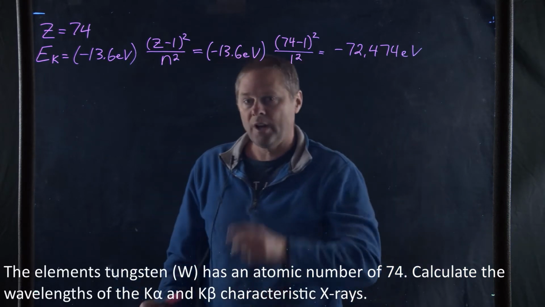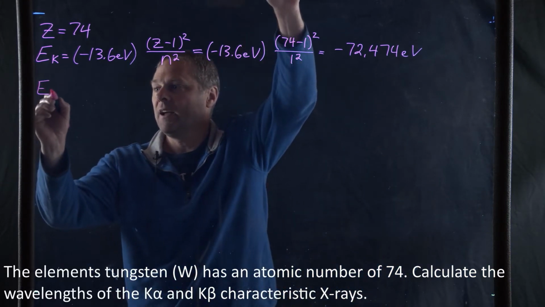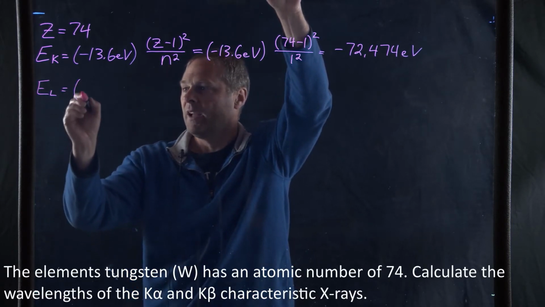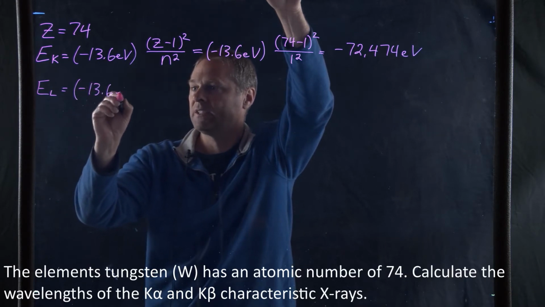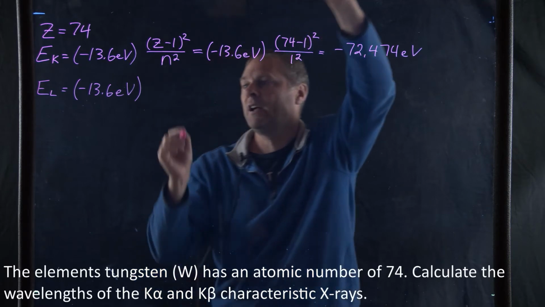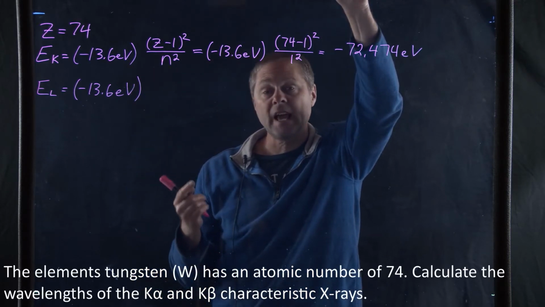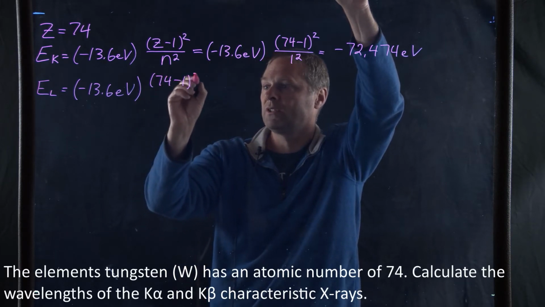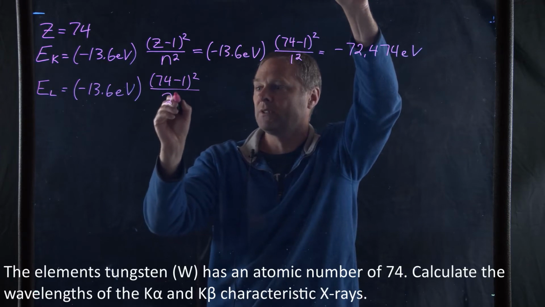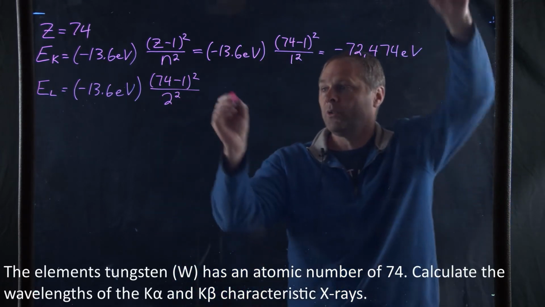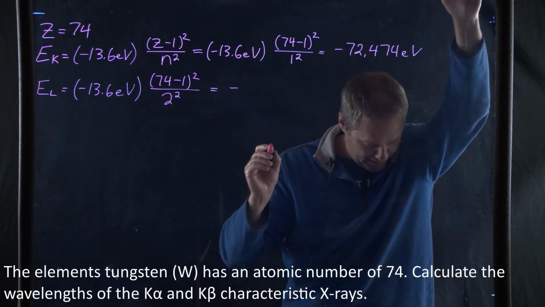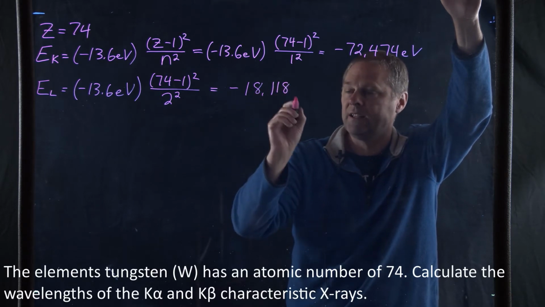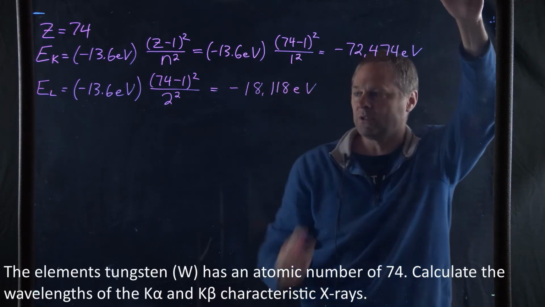Likewise, we're now going to find EL, where n is equal to 2. So this is negative 13.6 electron volts times, it's still tungsten so the same atomic number, (74 minus 1) squared divided by 2 squared. We do this arithmetic and end up with negative 18,118 electron volts.